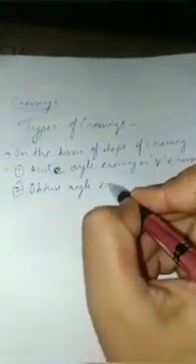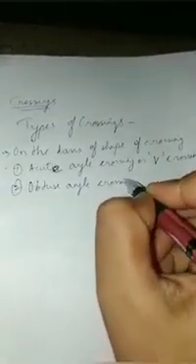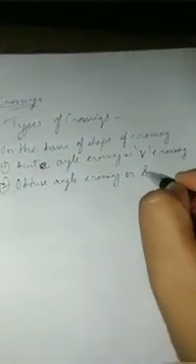Next comes the obtuse angle crossing or diamond crossing. The third one is square crossing.